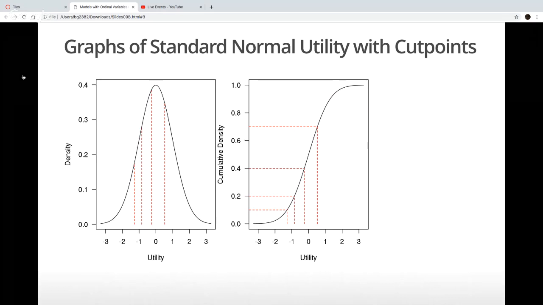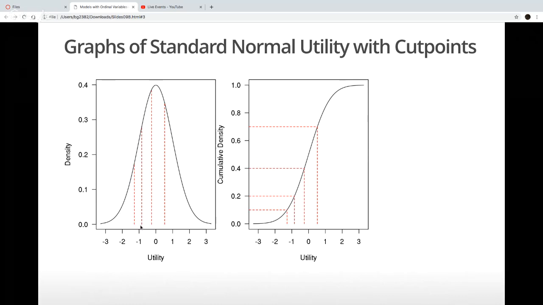The way in which we model these things is having a CDF, in this case the standard normal CDF, although a lot of times we use the logistic instead of the normal, and having these cut points in the distribution such that, if your utility is like negative 1.4 or less, you're to the left of this vertical red line here, then you're going to answer in category 1.